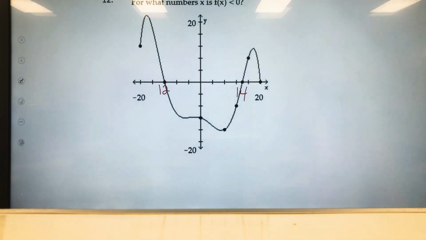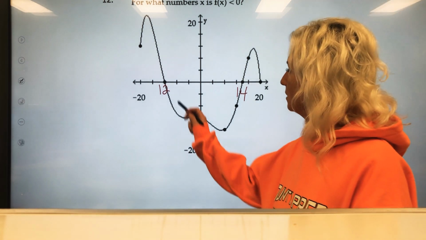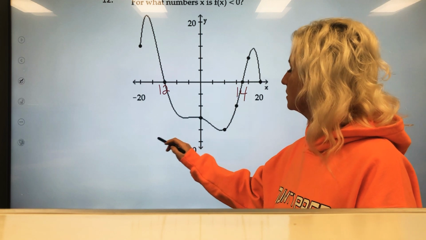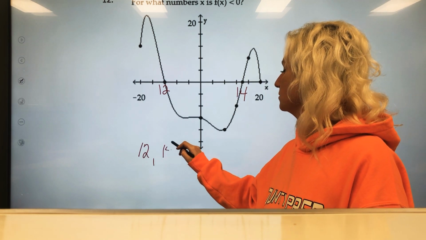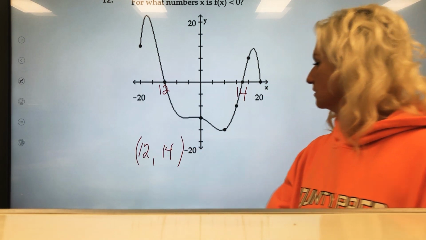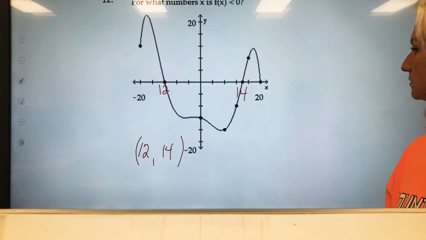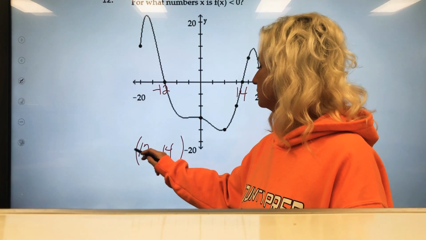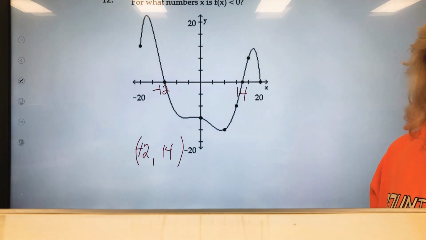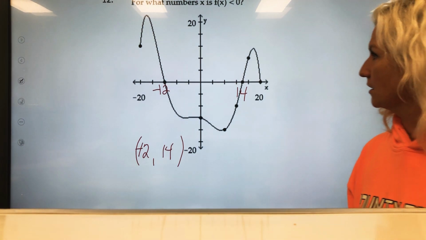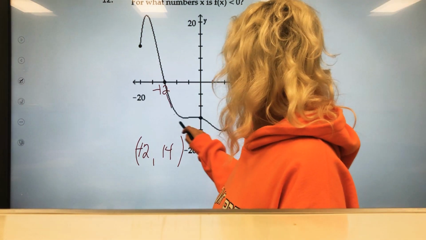It's a little bit weird that they made it in 4s, but whatever. So it's from, but less than, so -12 up to 14, not included. I'm sorry, -12. -12 up to 14. All right, that's when the function is negative.